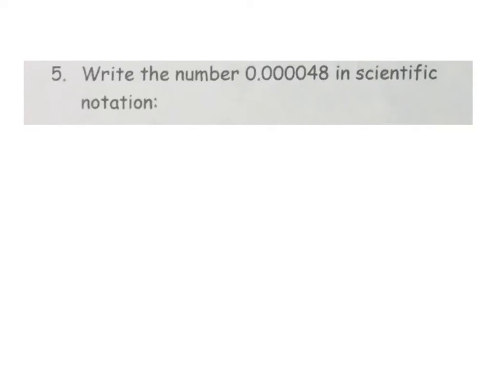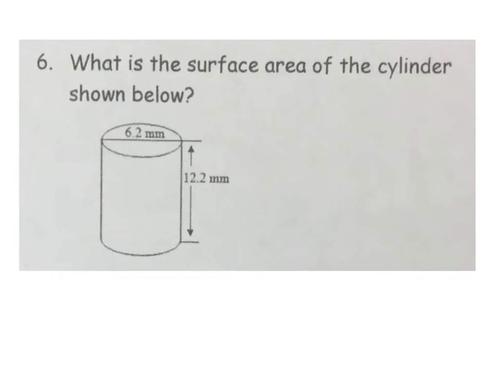Okay, number 5 says to write the number 0.00048 in scientific notation. So scientific notation is our hint there. All right, number 6. What is the surface area of the cylinder shown below?